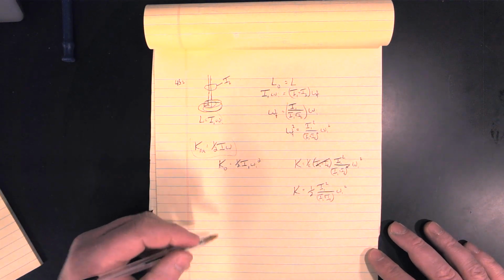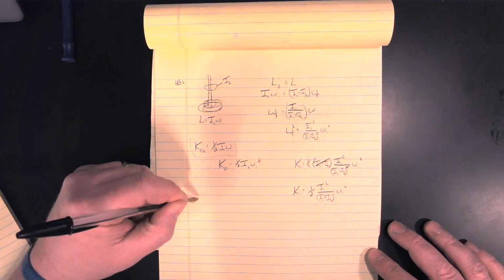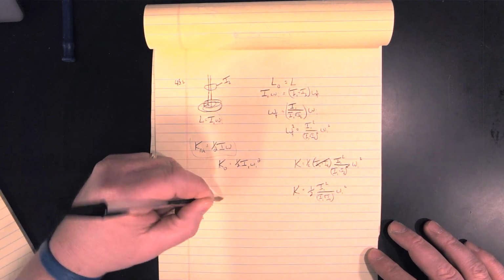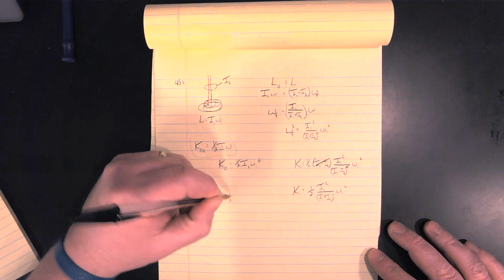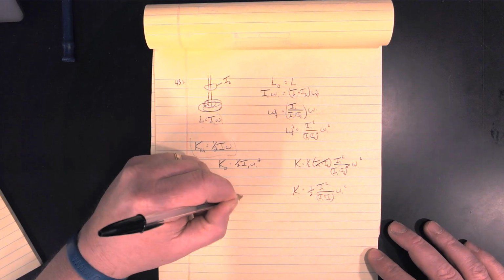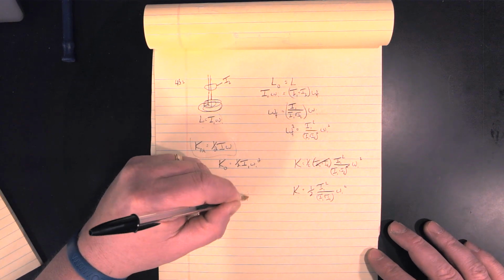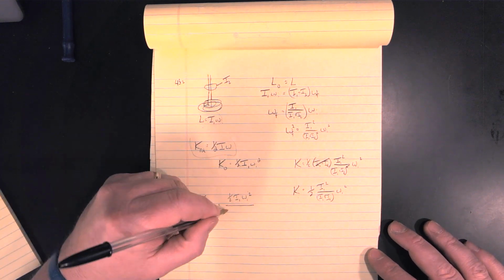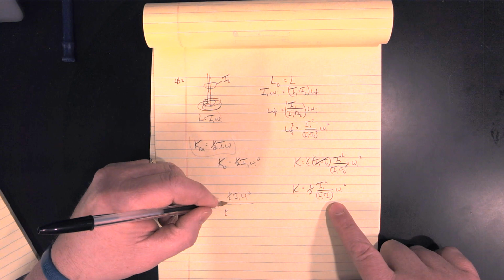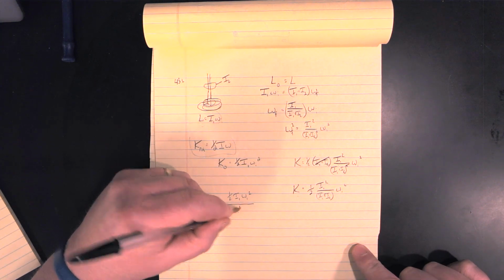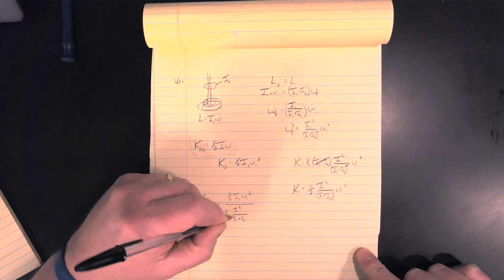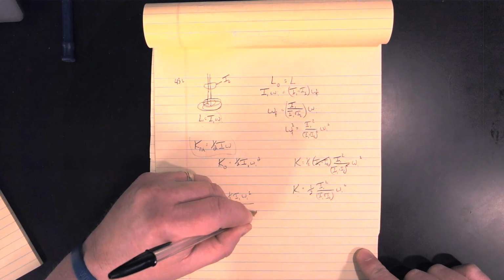So I'm going to put K over K naught. K initially, remember, is equal to 1/2 I1 times omega initial squared, and then we divide that by 1/2 of I1 squared all over I1 plus I2 times omega initial squared.